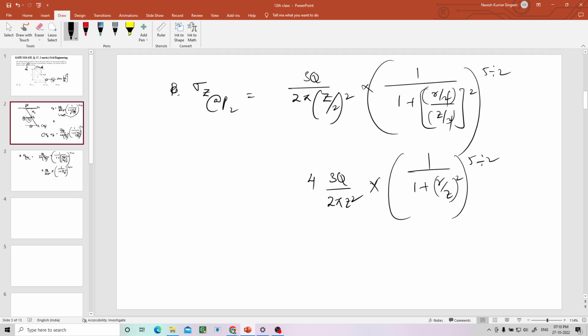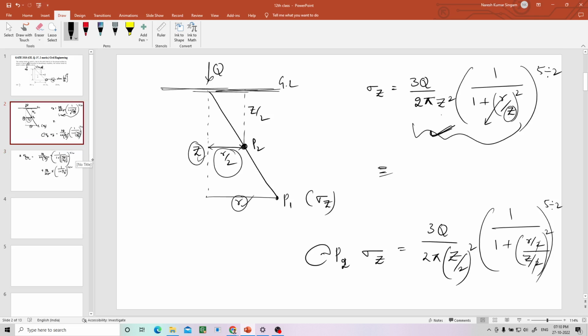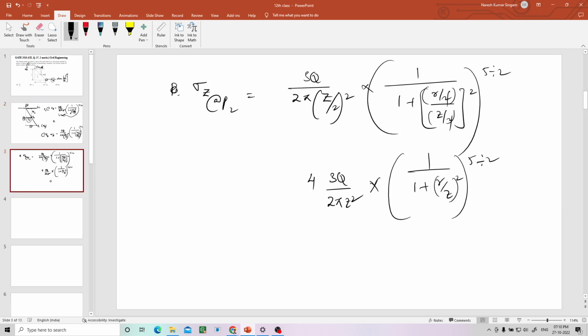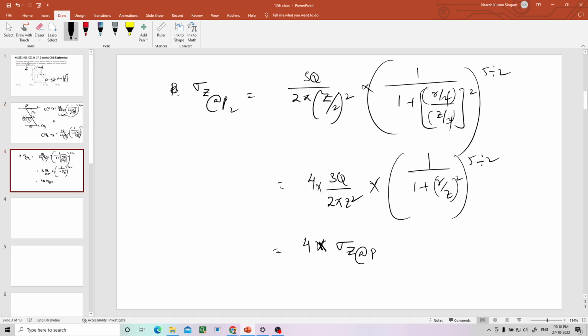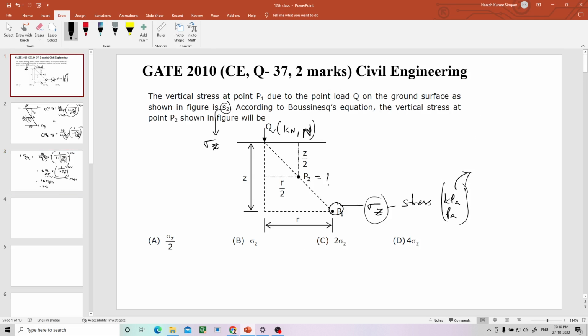So if you see that, it is equal to this formula again, which is equal to sigma z at P1, other than this 4. So 4 into sigma z at P1. So the answer is 4 sigma z.